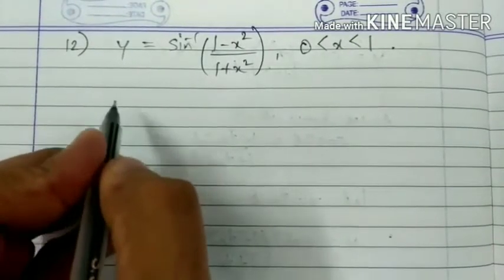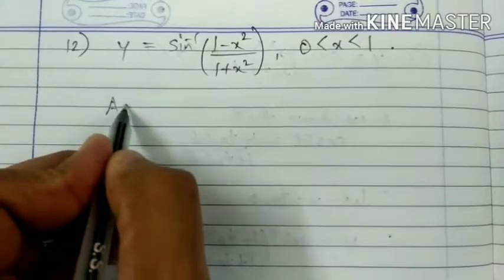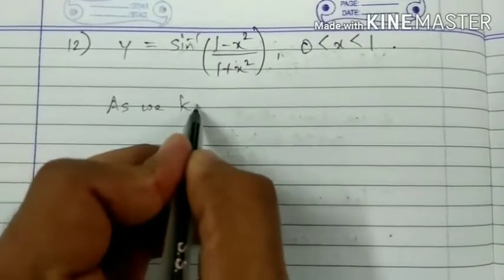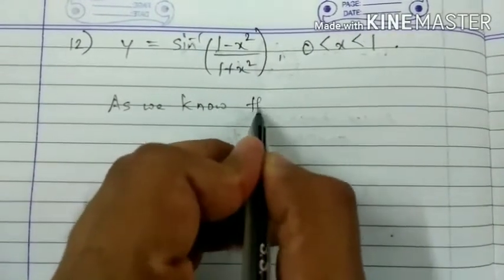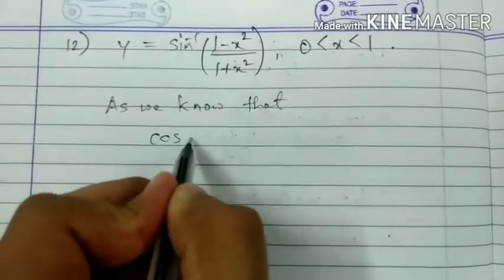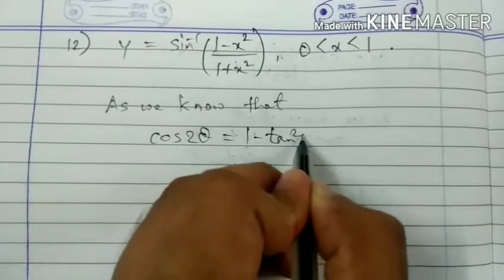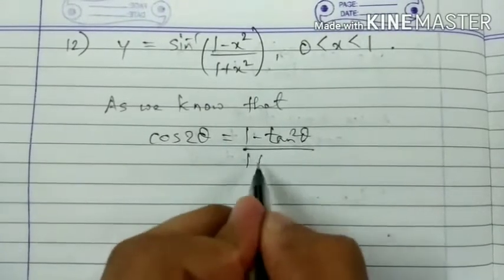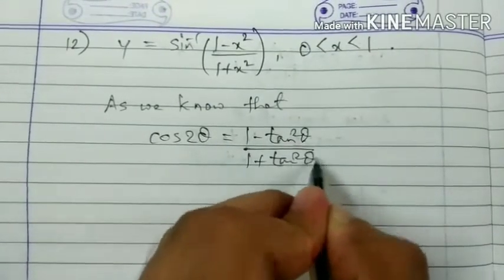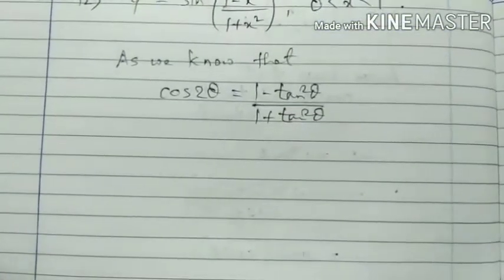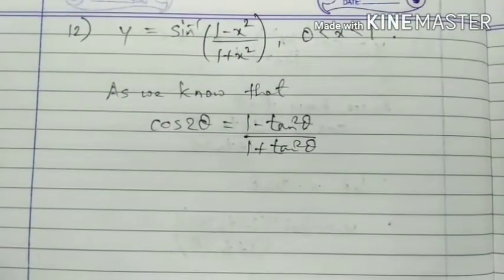Let me write the first formula that we are going to use. As we know, cos 2 theta equals (1 minus tan square theta) upon (1 plus tan square theta). This is the required formula that we are going to use.